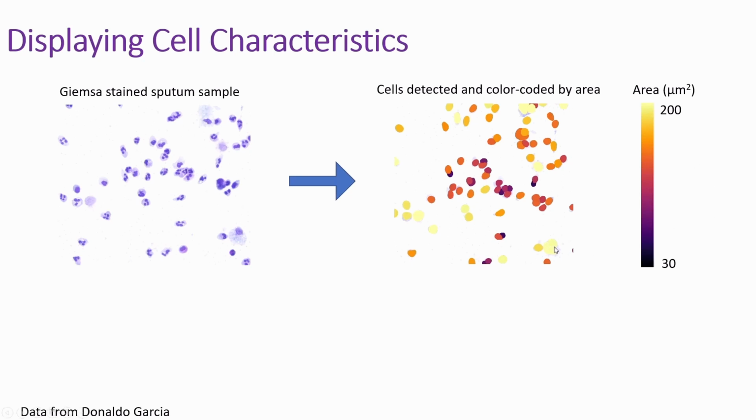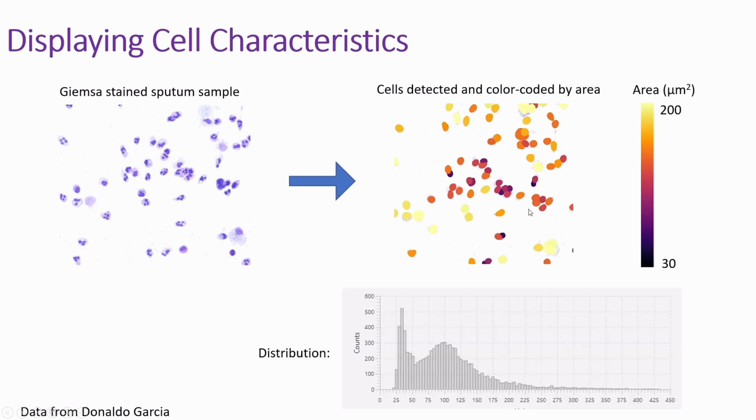So the yellow cells are the largest ones with areas around 200 microns squared, and the darker colored cells, like the dark purple, have a smaller area of around 30 microns squared. And then we can do that for the entire image and get a histogram of the distribution of areas. And then between images, we could compare our distributions.